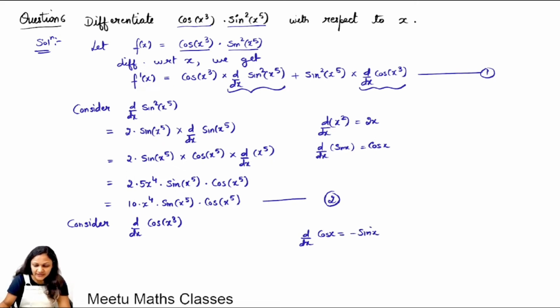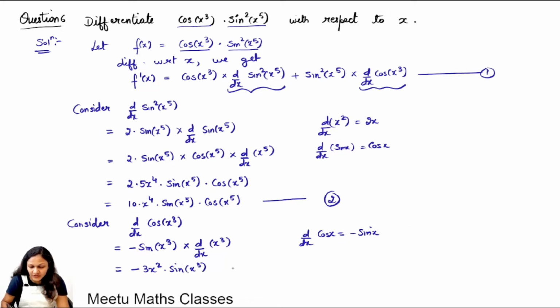So we can consider x³ as x. So the derivative of cos x³ is minus sin x³, and in turn we are going to multiply with the derivative of x³, and finally the derivative of x³ is 3x² multiplied by sin x³. Now let us take this as the third statement.